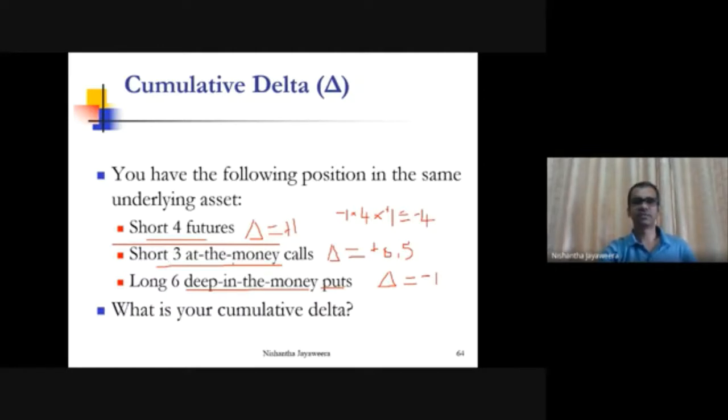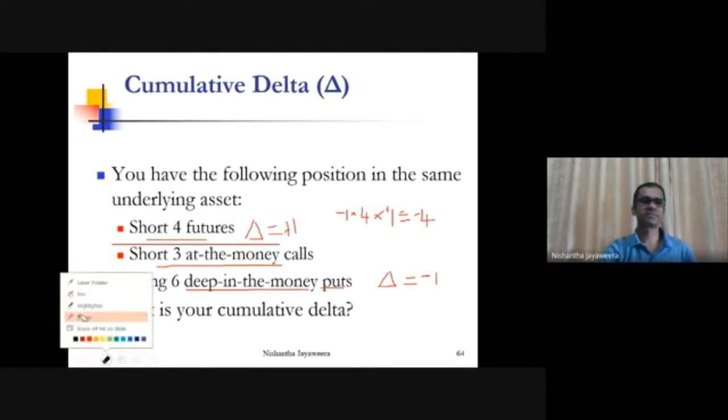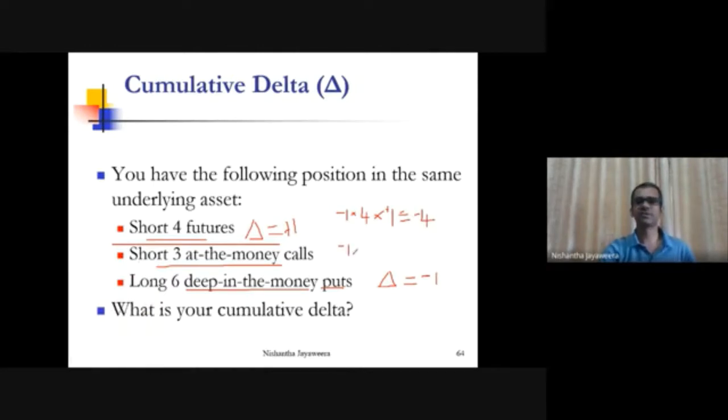What is the delta for these 3? What is the directional bias here? Short. So therefore, -1, number of contracts 3, and the at the money calls, so therefore 0.5.